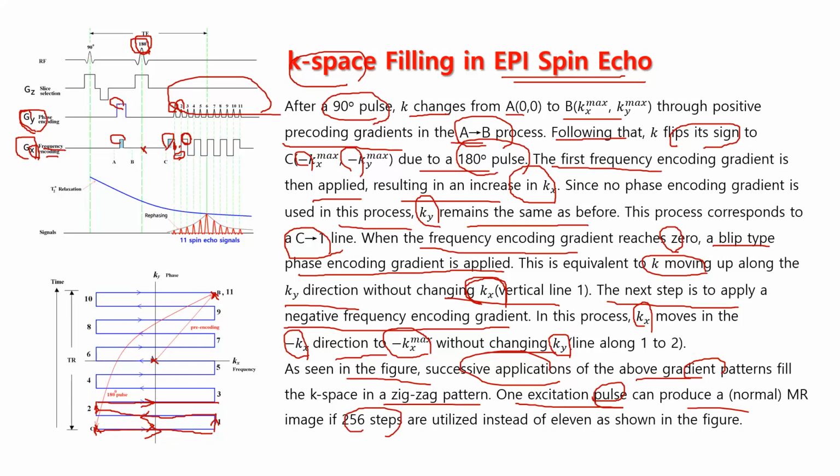In this figure, we just gave 11 steps, but we can extend this to 256 steps. Then we can get enough MR signals to make an MR image using one excitation pulse, this pulse.